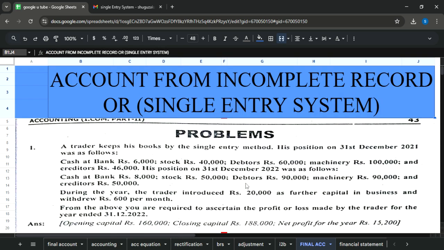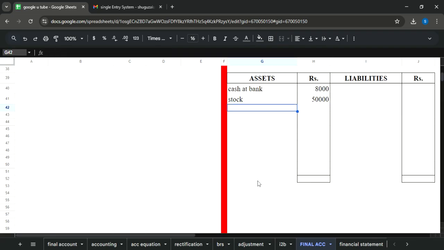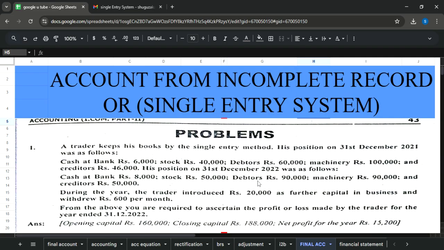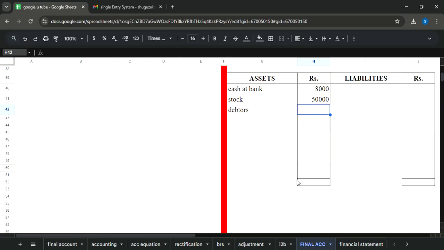After that we have debtors. Again, it's your current asset. So over here we will write debtors. The amount of debtors given in the question is 90,000. Just write down 90,000 on the current asset side in front of debtors.